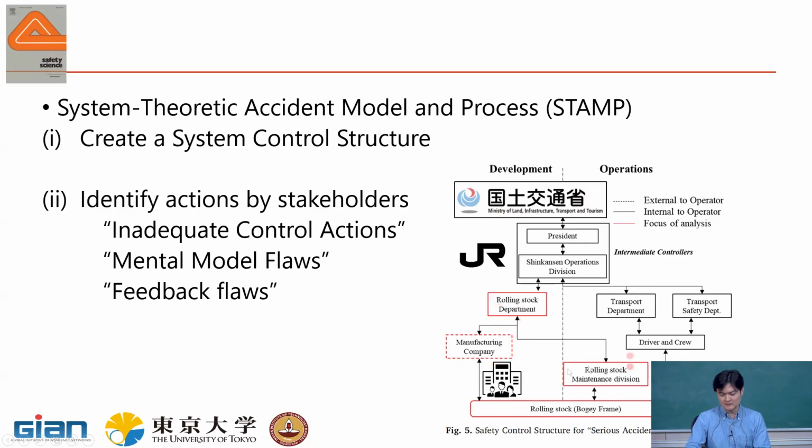Different risks materialize at different parts of the operations or development phase. So you have the ministry that sets the standards early on for how you must develop your technology, and then they want feedback on how it is being operated once it is manufactured and under operation. And then you have the operating company, Japan Rail, that has to provide this information to the ministry, to the regulator.